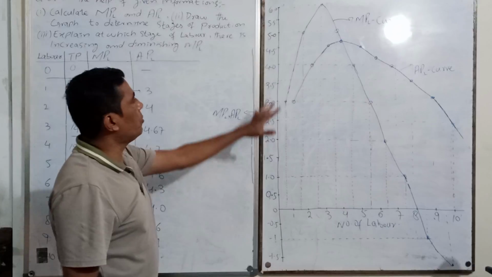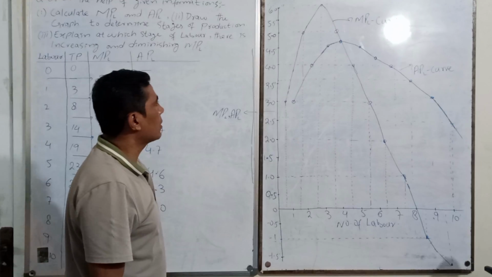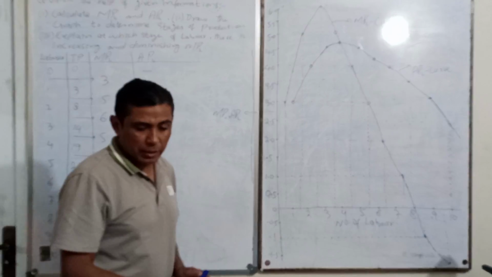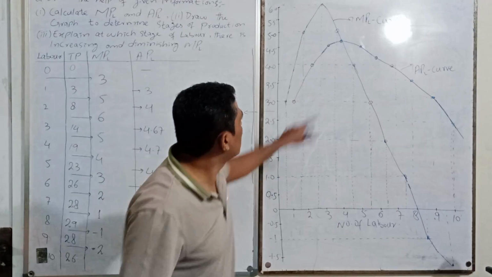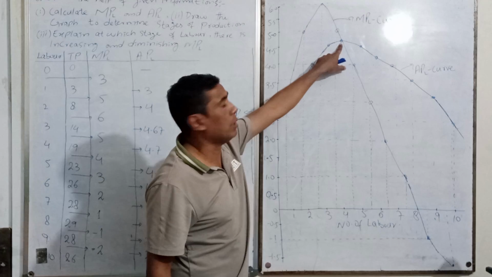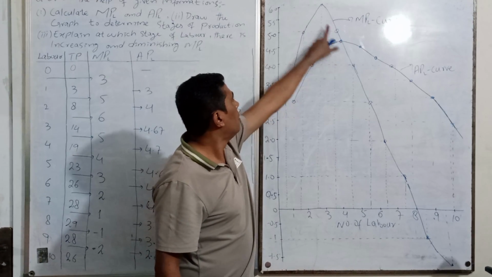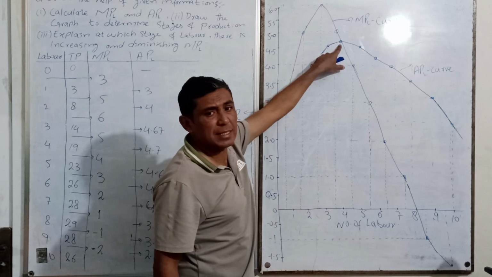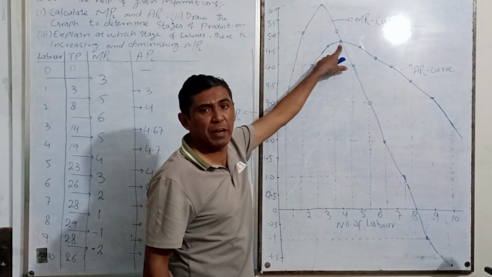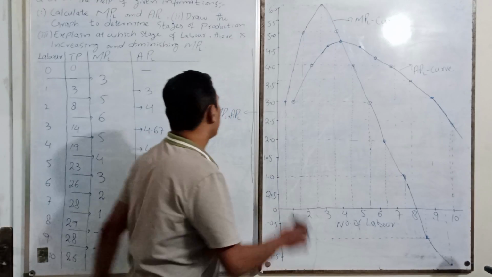How beautiful the graphs are here. One important thing, remember, this is the maximum of the average product of labor. So what you can observe here is that the marginal product always intersects the maximum of the average product of labor.